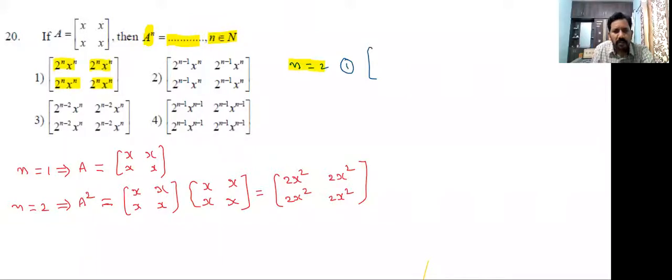Then what happened? 2 square means 4, so 4x square in every entry. But see the A square value, how much did we get? This. These two are not equal now. So the first option is wrong.